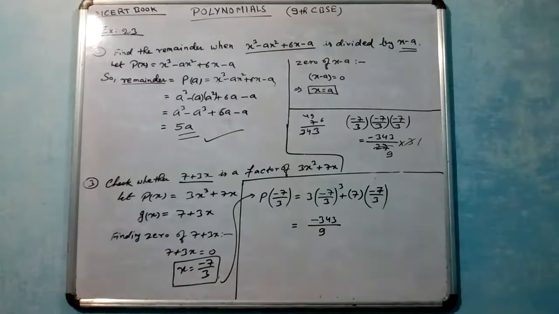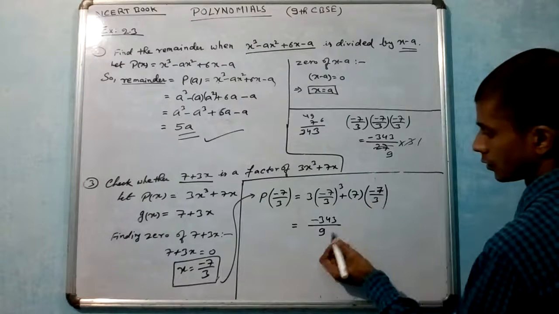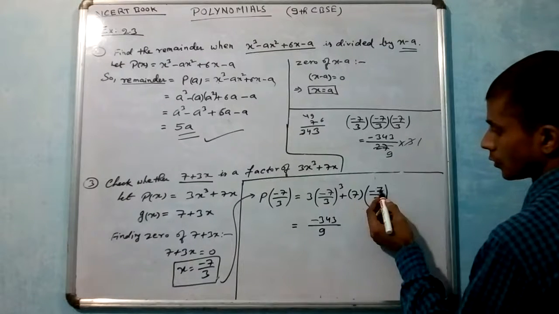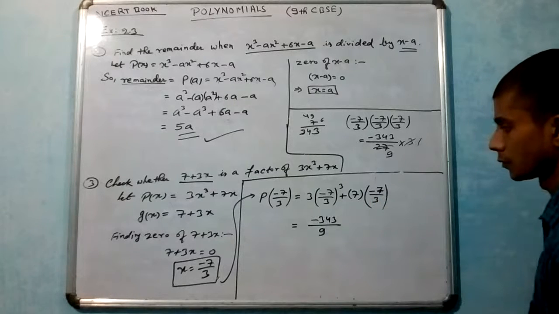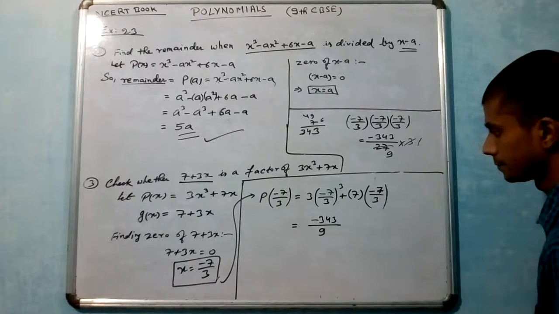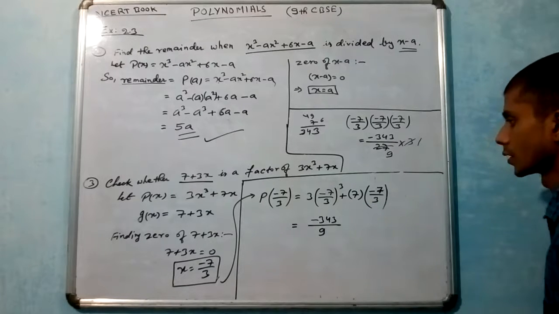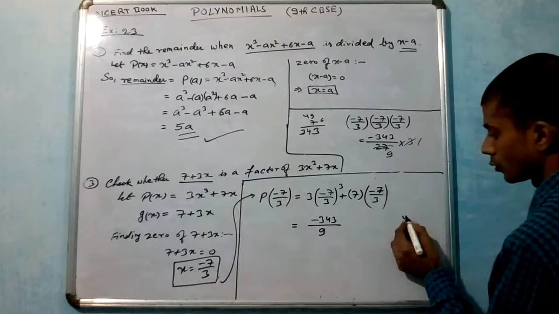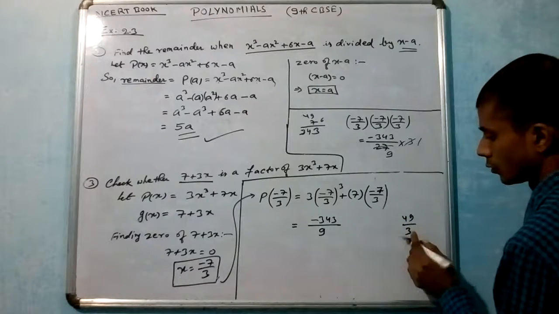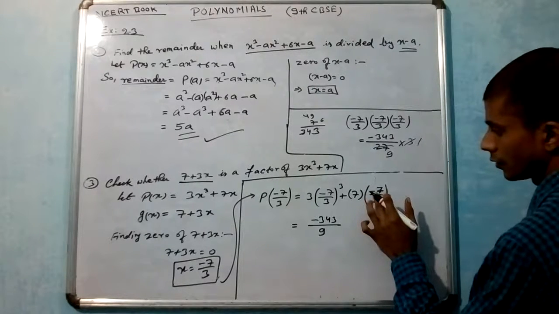And then plus 7 into minus 7 by 3 will become minus 49 by 3, and the minus sign is here.